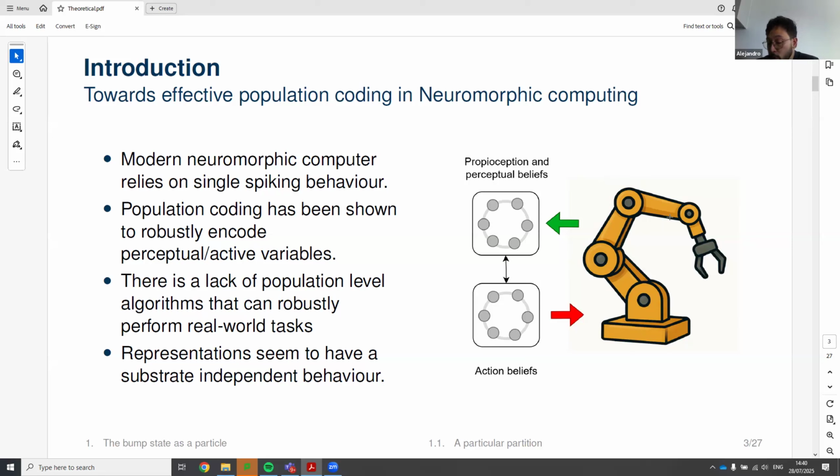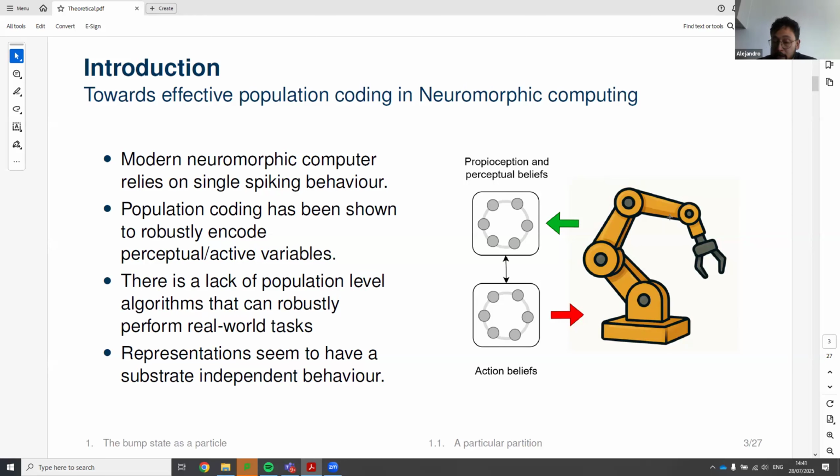So we want to work towards using these persistent representations, in particular in the field of robotics, where I believe they are very much needed if we want to use actual spiking neural networks to control robots.